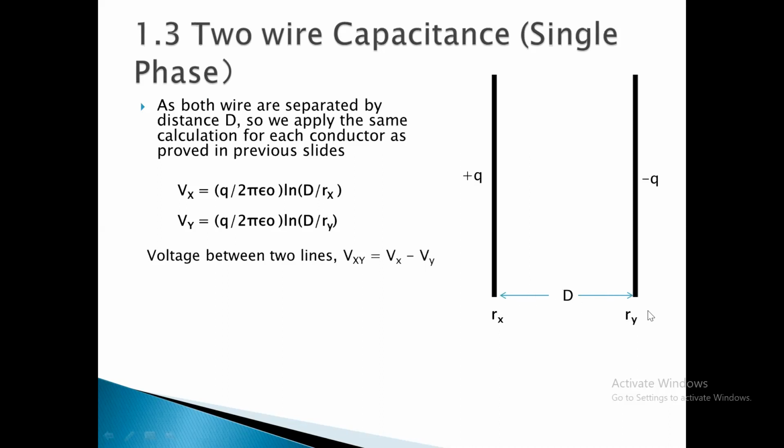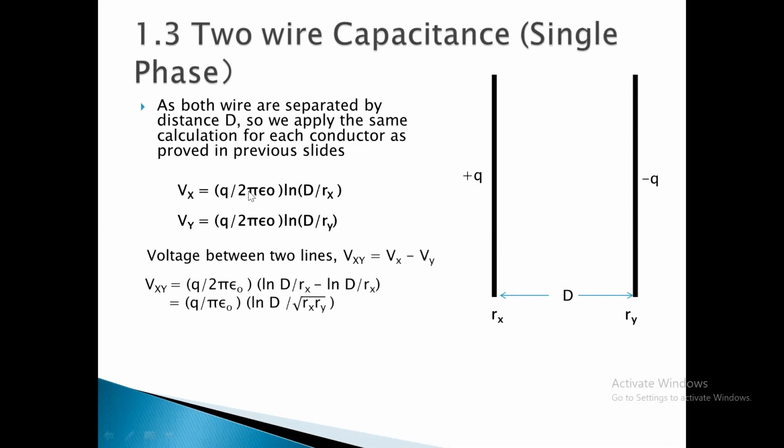So the voltage difference between two lines will be Vx minus Vy. If I want to calculate the capacitance between two lines, I have to know the voltage between them. We will apply the same formula as in the previous slide. So Vxy will be Vx minus Vy.